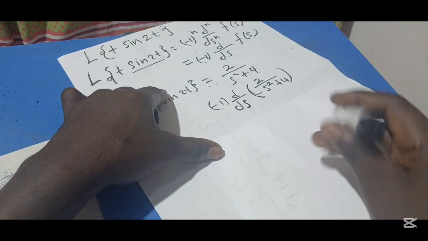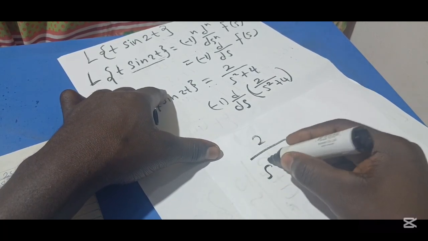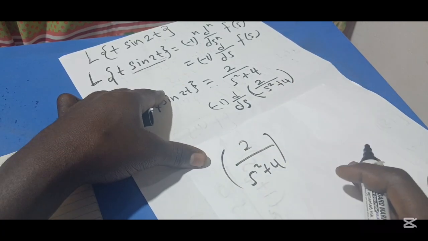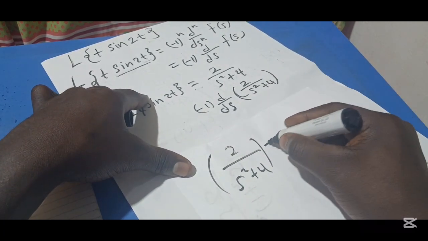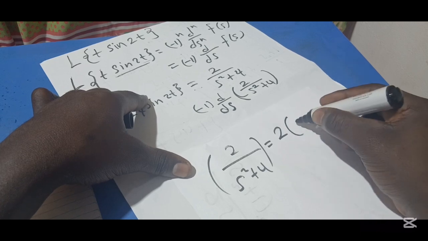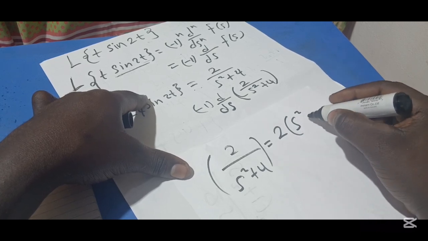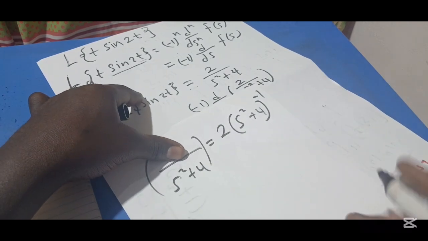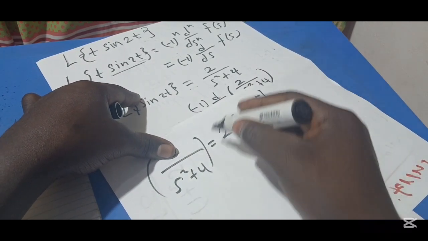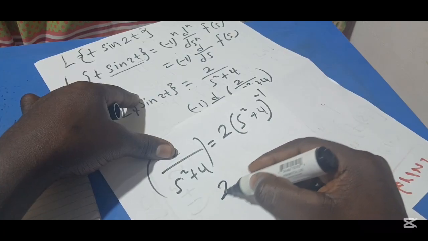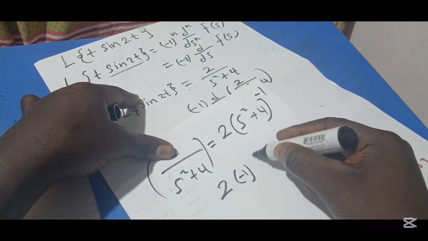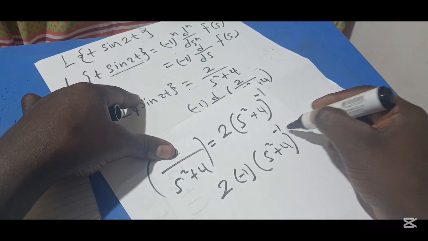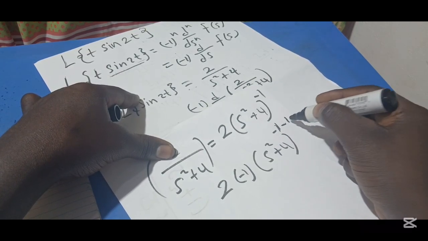So now, let's take this whole thing here and differentiate it. We are finding the derivative of 2 over s squared plus 4. I would like to use the chain rule, which is very sweet. So 2 multiplying s squared plus 4 to the power negative 1, right? Using the chain rule, I'll bring down my power, which is minus 1, then write s squared plus 4, with the power decreasing by 1 again to minus 2.